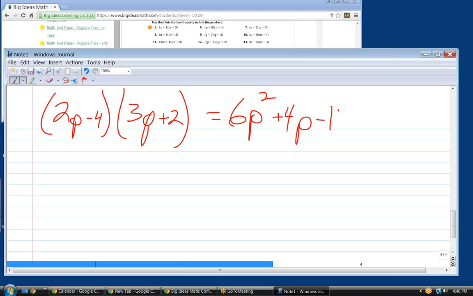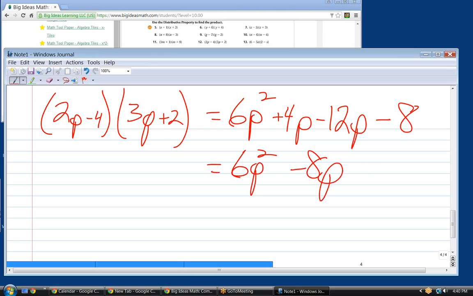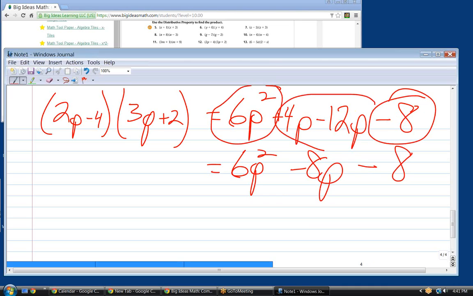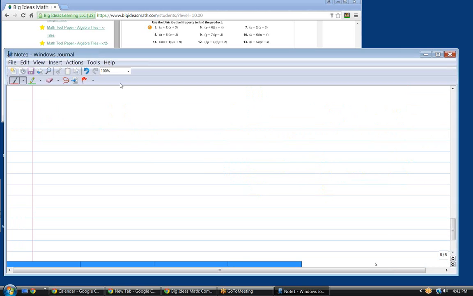Minus 12p. Okay. Plus, no, minus 8. Okay. Simplify. 6p squared minus 8p minus 8. Uh-huh. Notice that whenever we simplify, this term doesn't change and that term doesn't change. The only thing we're doing is combining the inside terms. Let me make one up for you that's a little harder here.